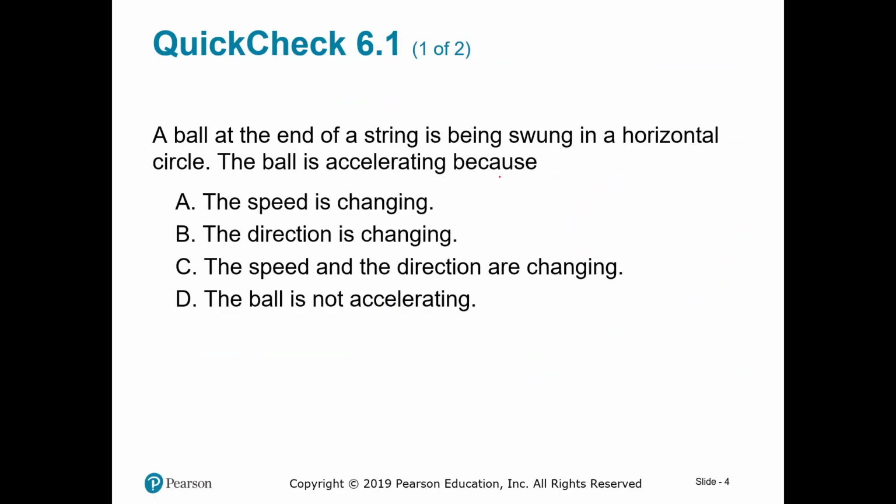So, a ball at the end of a string is being swung on a horizontal circle. Basically, let's assume you have a table here, and then you have a pivot point here, and a string, and then you have a ball, and this ball might have a circular motion on this plane.